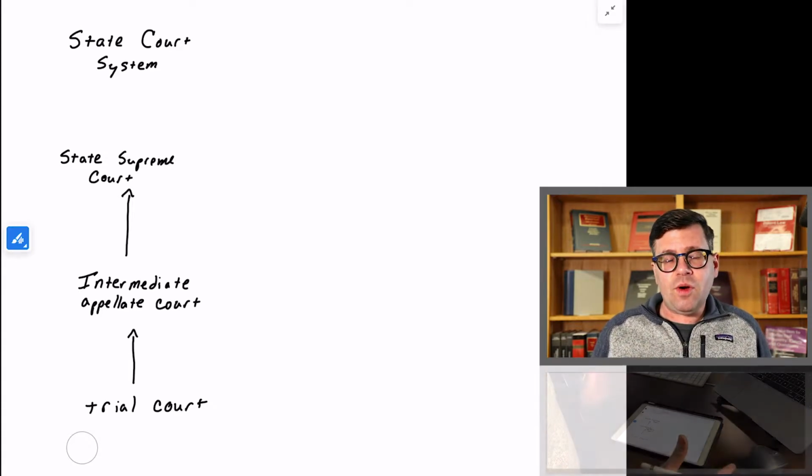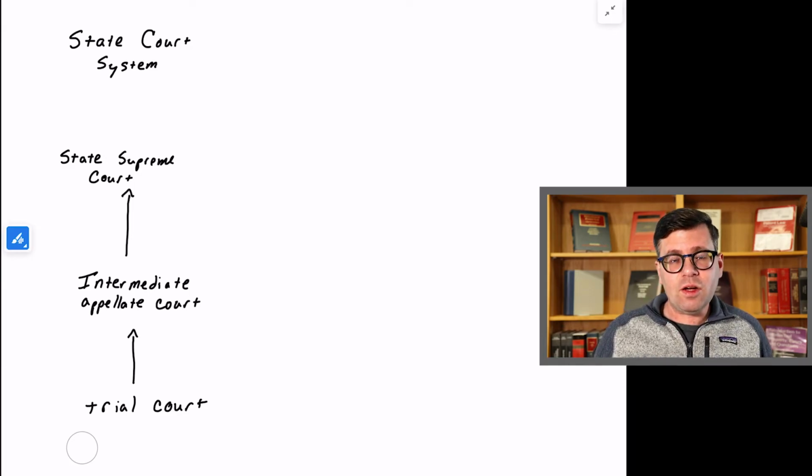If the state Supreme Court affirms the decision of the intermediate appellate court, then the case is over for the plaintiff. There's nowhere further to appeal those state trademark claims. The state Supreme Court is the end of the line for the state trademark claims.